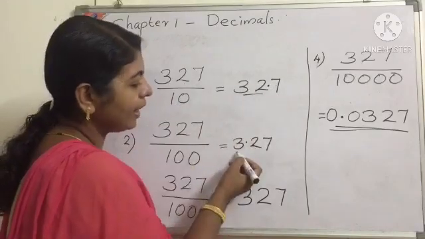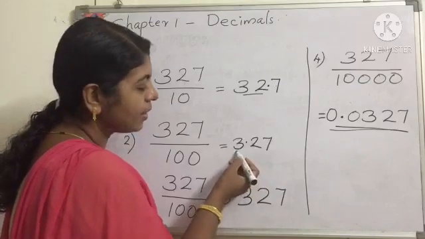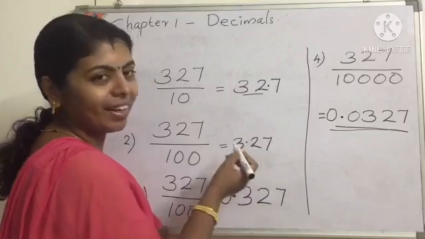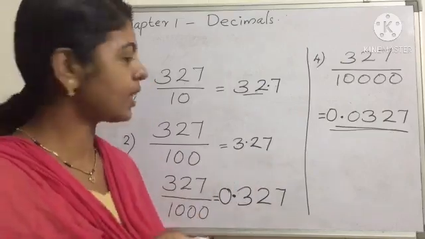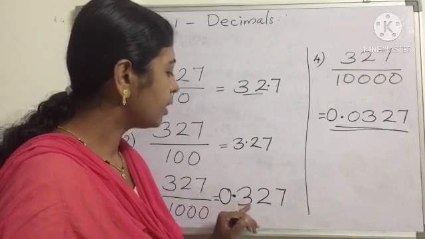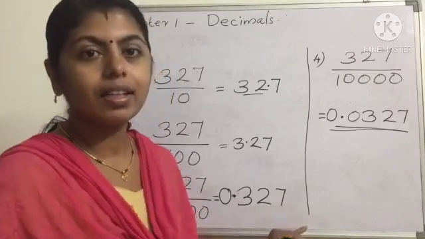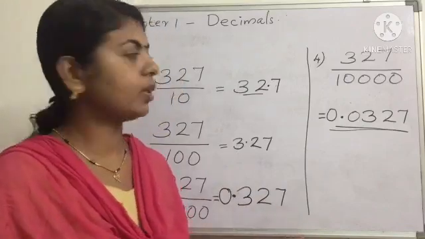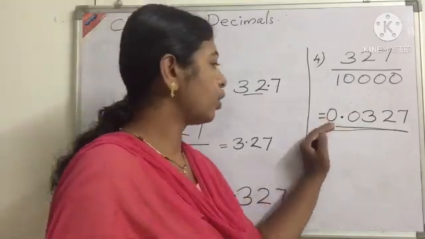Then how will we read the second one? It's 3.27. The next one is 0.327. Then 0.0327. This is the way we read decimals.